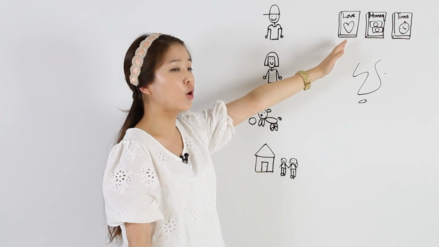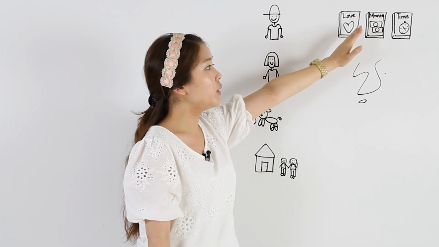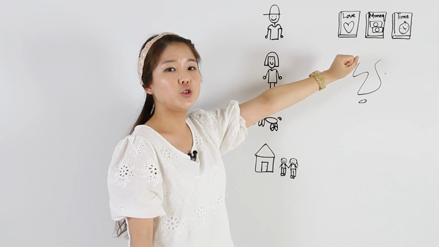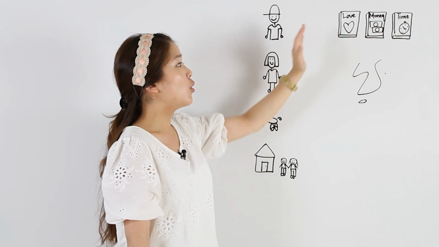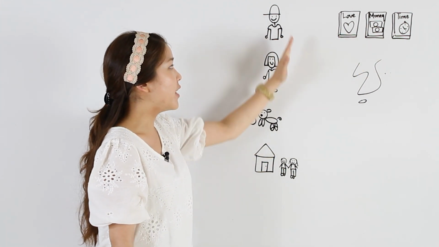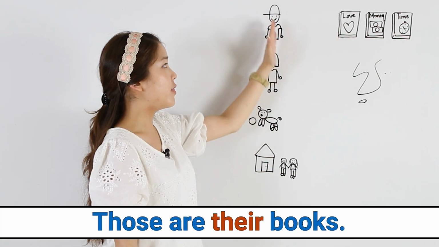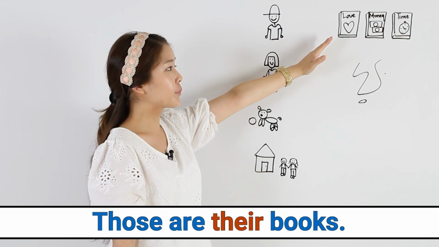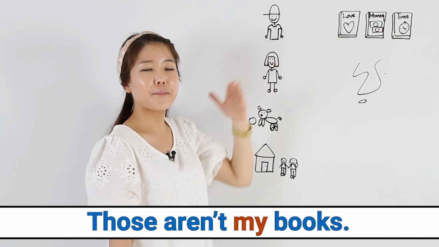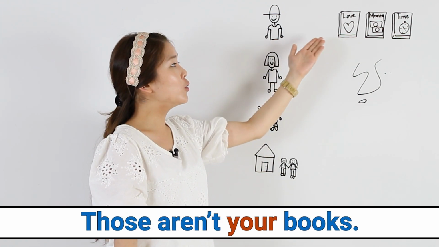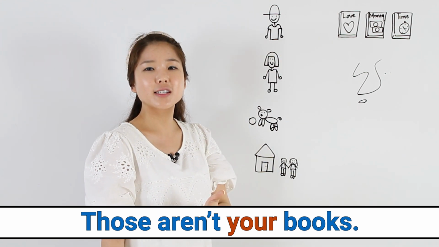So we have to say those. And because we have more than one, we have to use are. Those are their books. Those aren't my books. Those aren't your books.